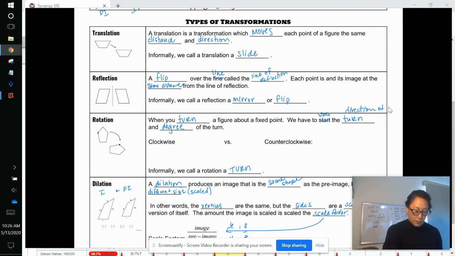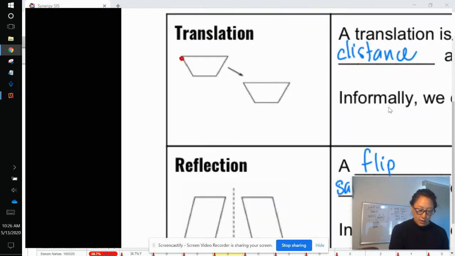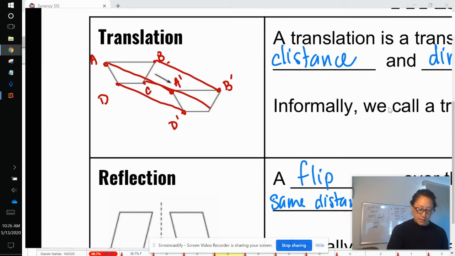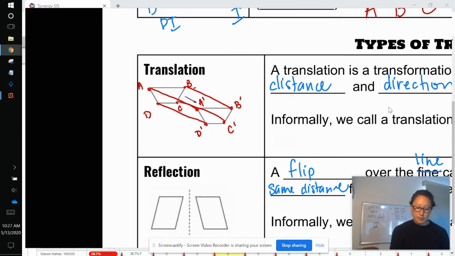If I call this A, B, C, and D, A's vertex would move to become A prime, B goes to be B prime, D becomes D prime, and C becomes C prime. Each one of these line segments is exactly the same length because they're moving the same distance.